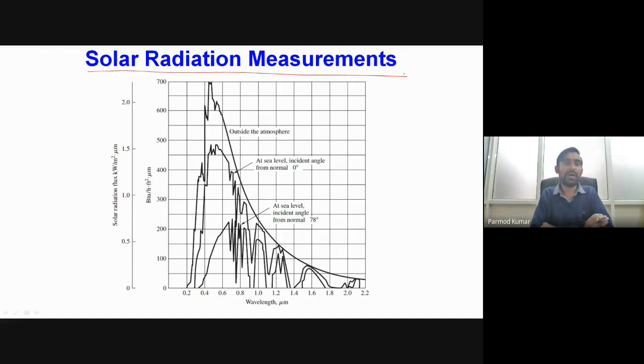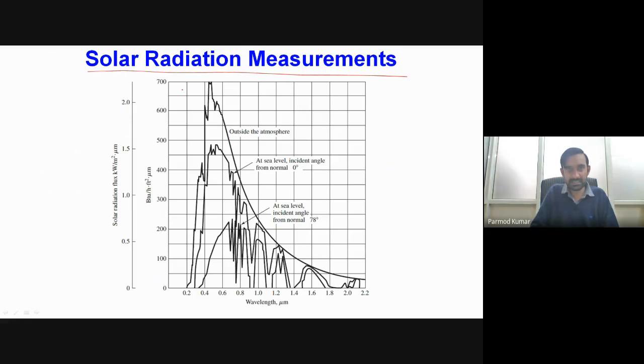Okay, so generally, the solar radiation we receive from the sun, the overall trend is not identical to that of black body radiation. However, the broad spectrum we see follows the behavior of black body radiation.